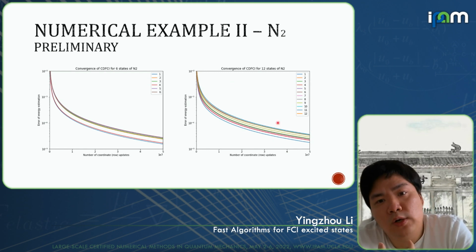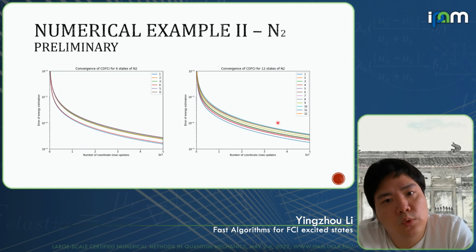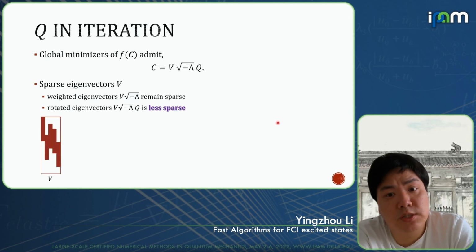So those things only happen for some systems at a certain number of excited states, not all the time. For most systems with a small number of excited states, we do not observe that. But still, that happens in practice.